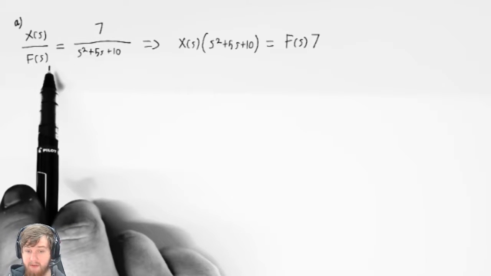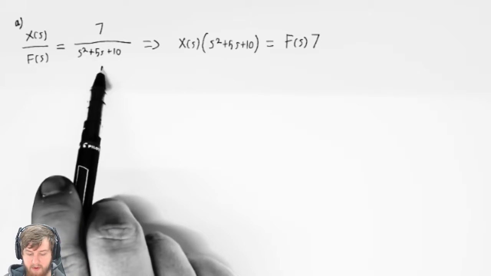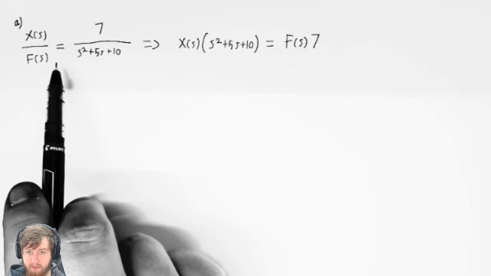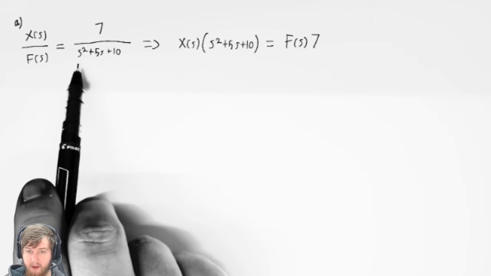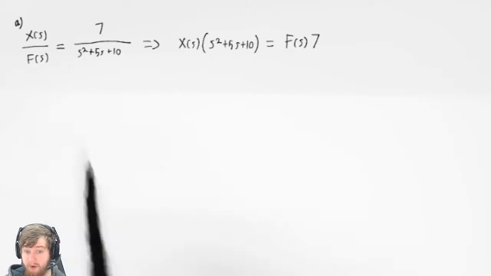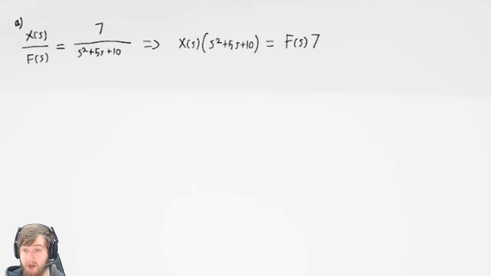If we were trying to do the inverse Laplace transform of the response, in other words, we plug something into the input, then we would end up with some trigonometric solutions to the differential equation. But in this case, we just want the differential equation, so we can multiply it out and make it easy for us.